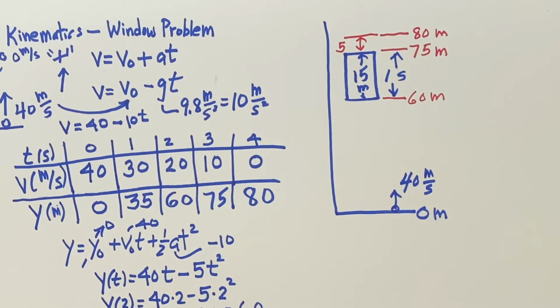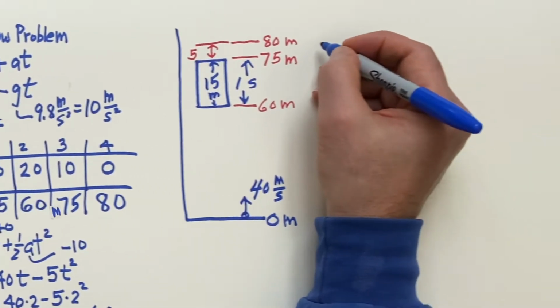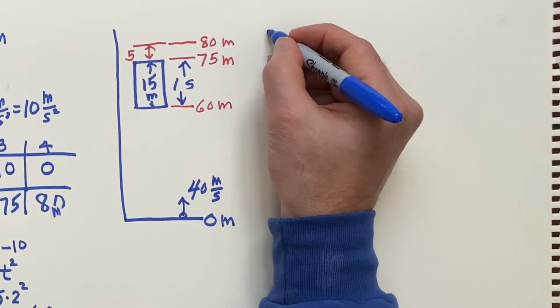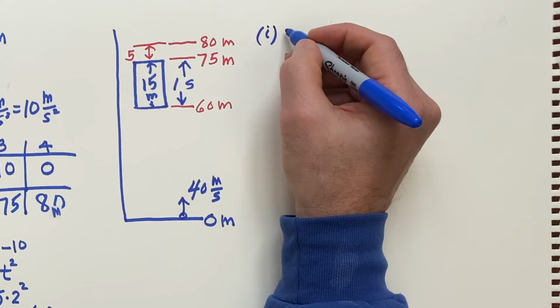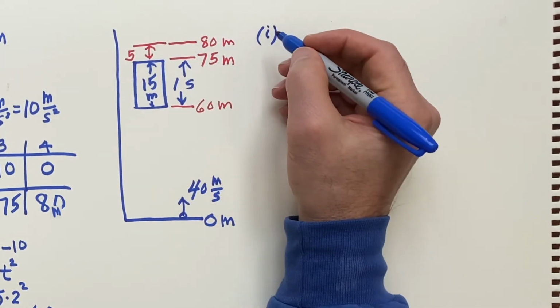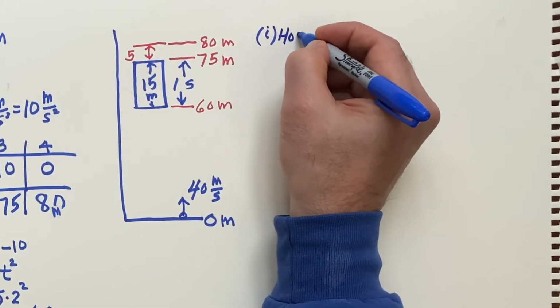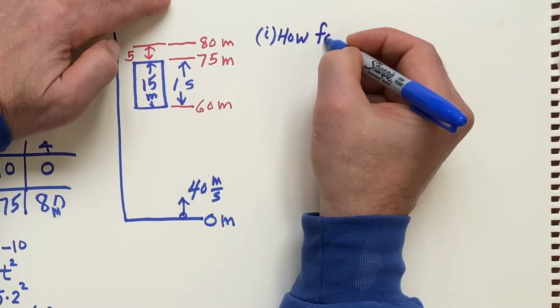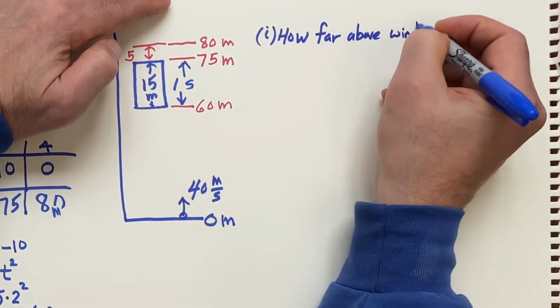And then we're going to ask them to figure stuff out. Well, what should we ask? The first question is, what is the distance above the window that the ball goes? How far above the window does the ball go?